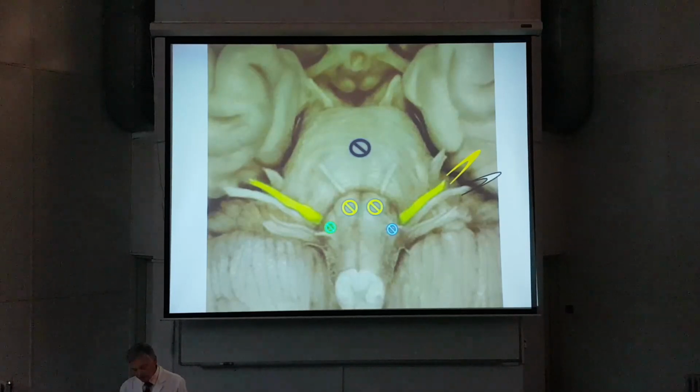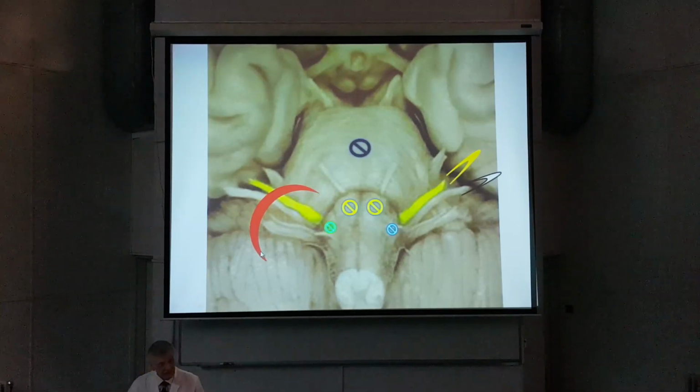They are just adjacent to each other, and they come out through this angle, which is called the cerebellopontine angle. Do we have to care about this angle? The answer is yes, because it's a common site for tumors of the brain.